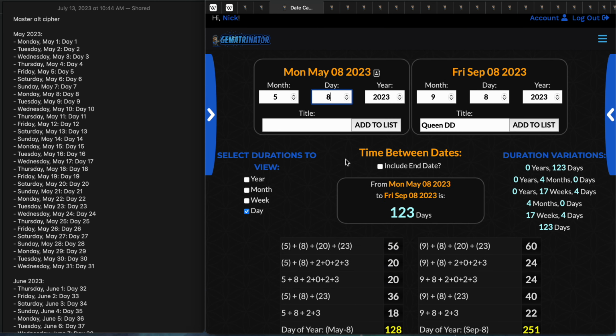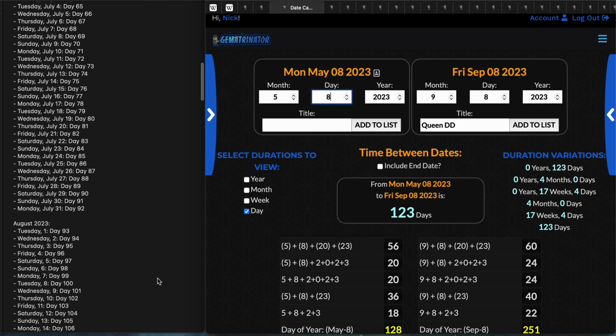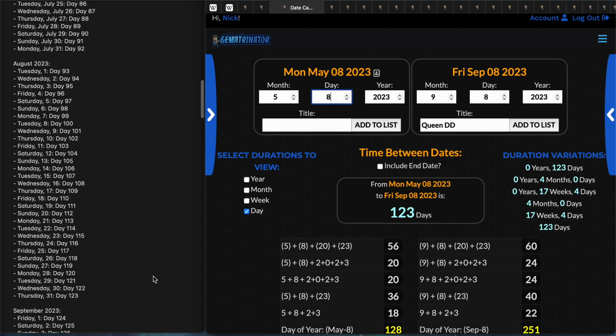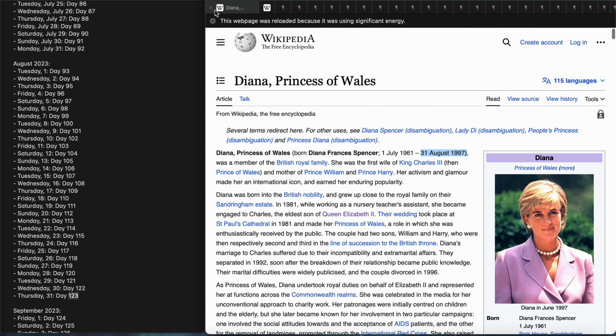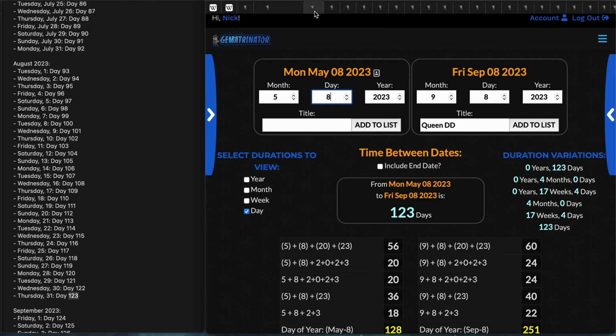The 8th to the death date, you get 123. You go back to the chart. Day 123 is August 31st. August 31st is the day that Princess Diana died. What? This is happening over and over and over again.